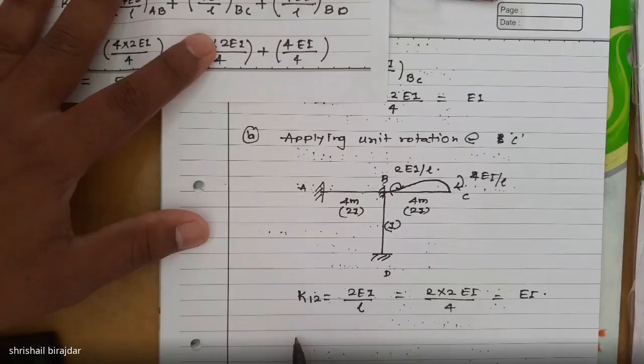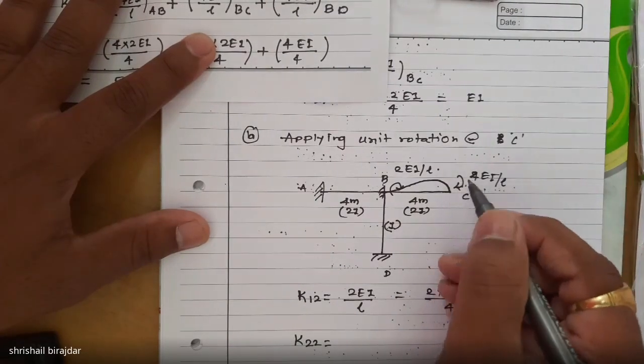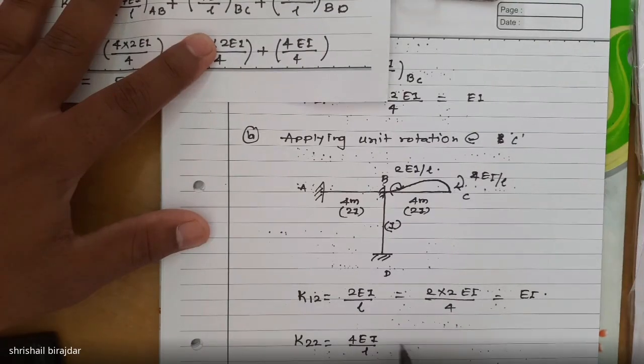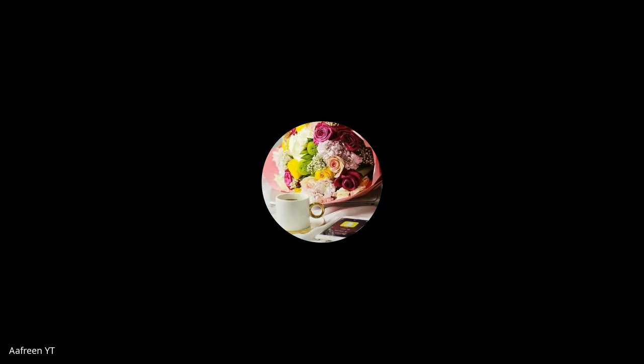Then K22 is exactly this particular moment, 4 EI by L. 4 divided by 4 into 2, 2 EI. EI divided by 4 equal to how much? 2 EI, sir. 2 EI.